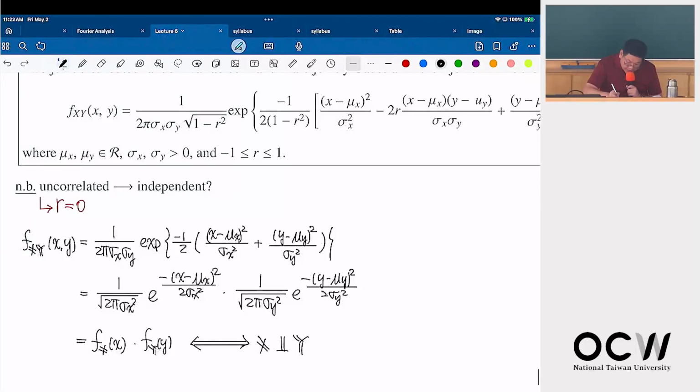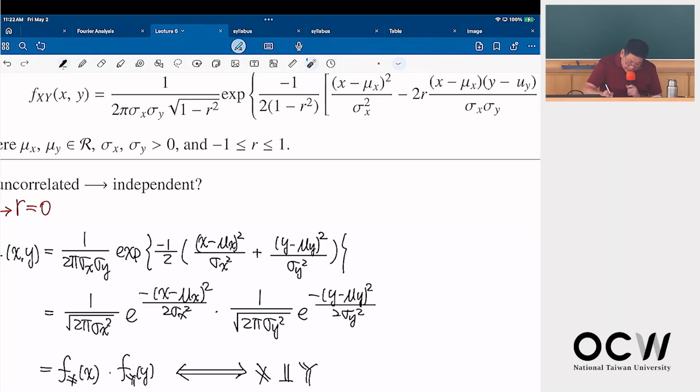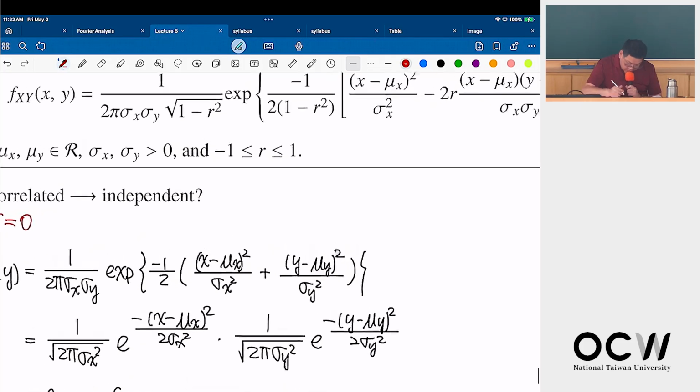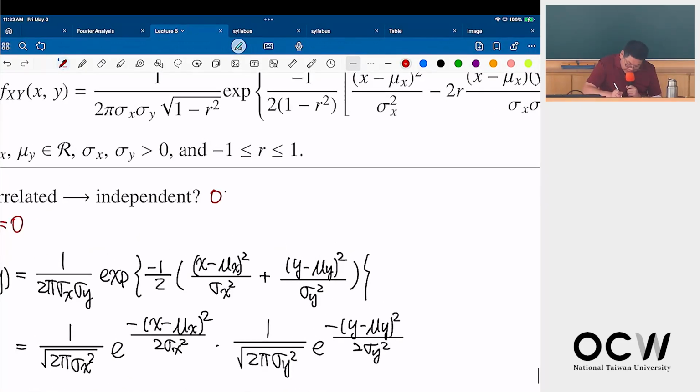So this is only valid for joint Gaussian. For other distributions, no, it is not true.